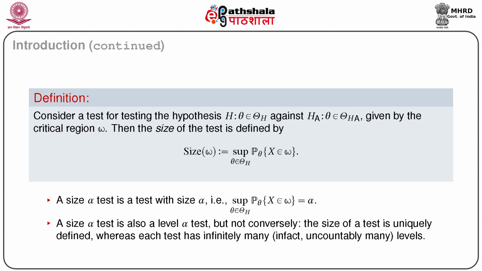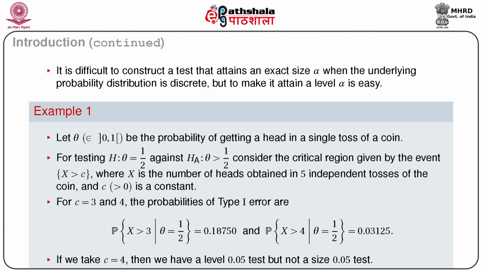Note that a size alpha test is also a level alpha test. A test with level alpha is easily attainable, whereas it is not easy to attain the exact size alpha test when the underlying distribution is discrete. It is clear from the following example.